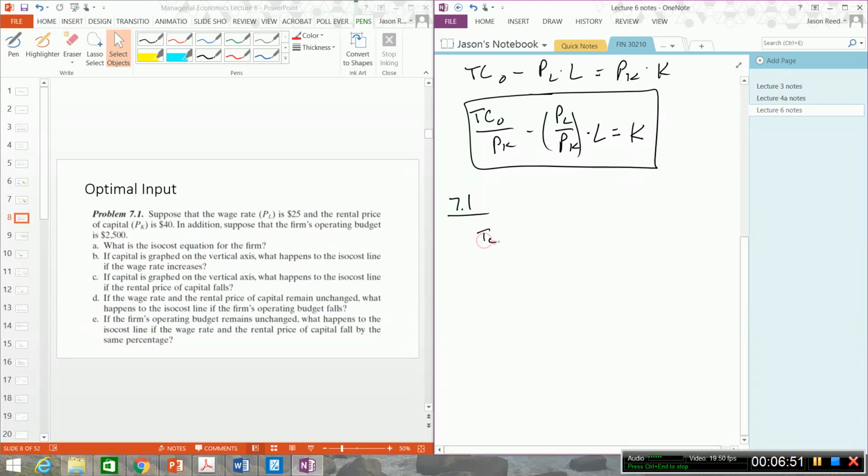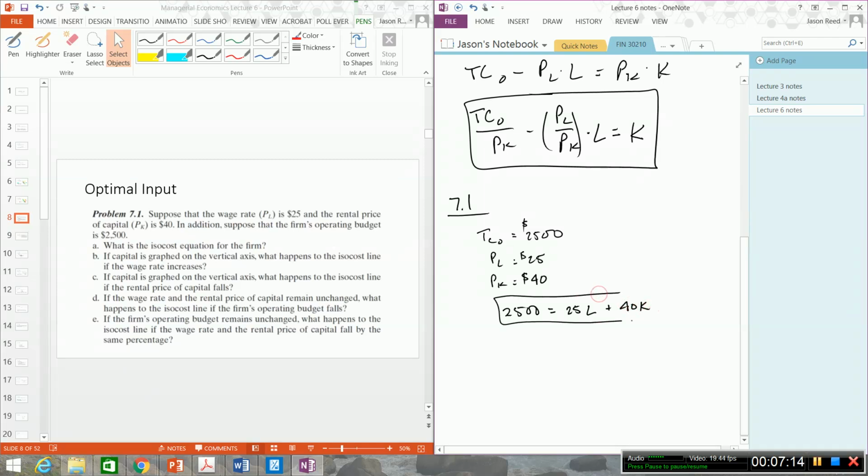TC naught is going to be $2,500. We have P sub L equal to $25, and P sub K equal to $40. So that we have 2,500 equals 25L plus 40K.